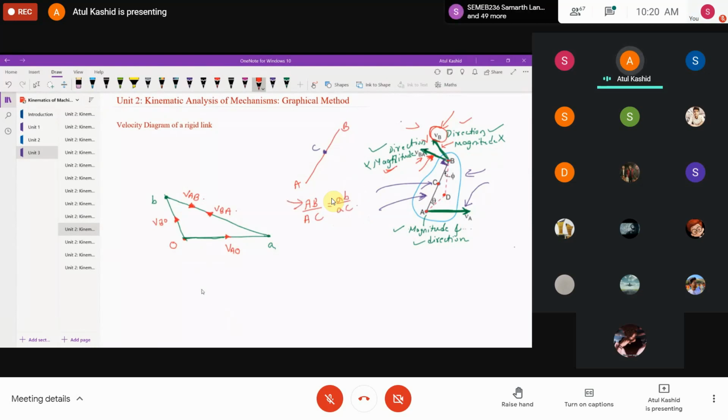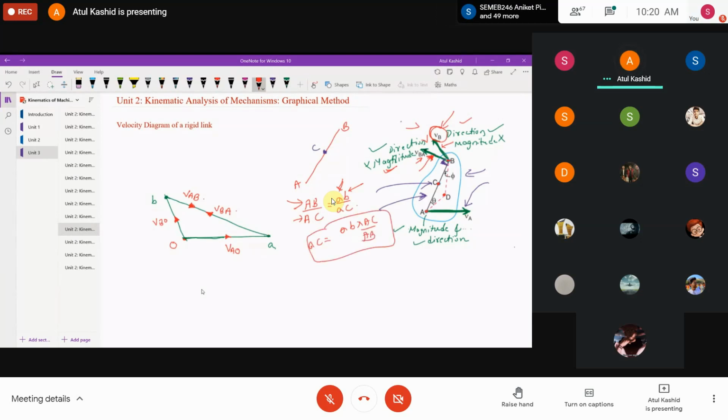We know AC, so this will be given in the question, right? Then ab, this is the vector which is in the velocity diagram, so we can measure it very easily. Only unknown here is ac. So from this equation we can find ac, which will be equals to ab into AC upon AB, right?